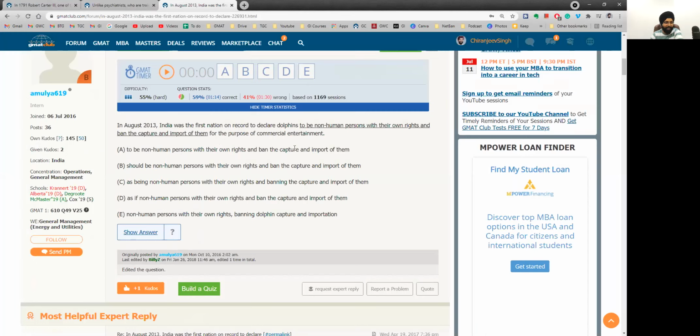Well, I would be fine even if these are two different things. I'll be fine with the idea that you are declaring them to be persons and you're also banning the capture. Of course, it also makes sense since now you're declaring them persons, that's also leading to banning their capture. But I will be fine with this meaning also.